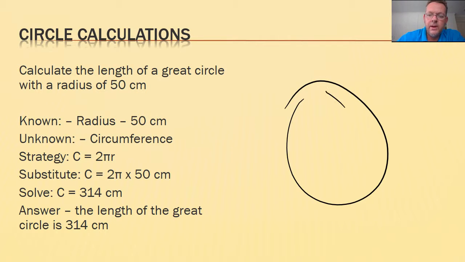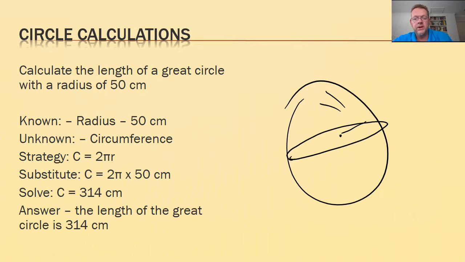We said, okay, if we have a sphere that's a 3D object, and a great circle is a circle that has a radius which runs in the center. Now, a sphere can be any ball-shaped object, and obviously that's going to relate to the Earth. But we'll just review this one.